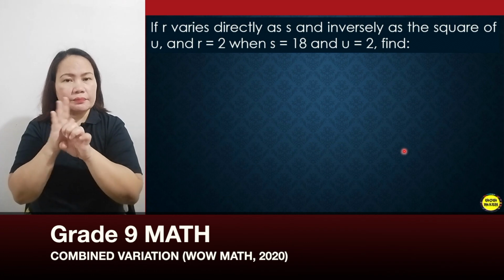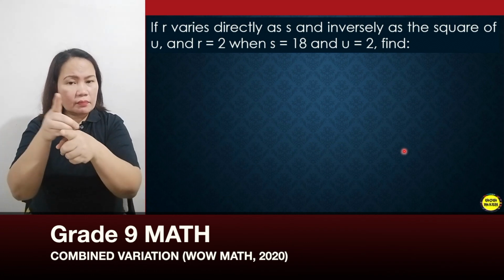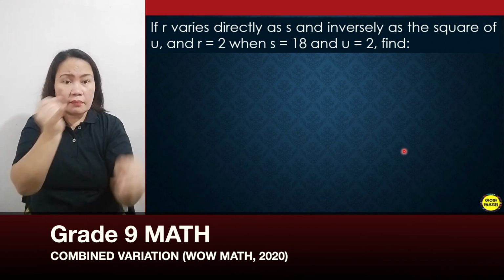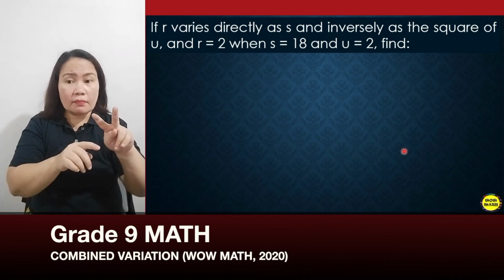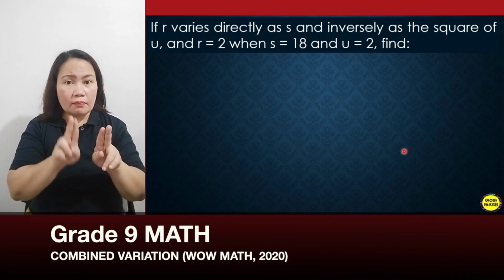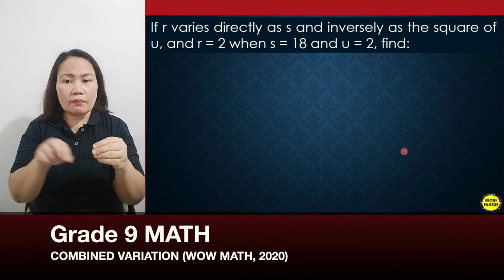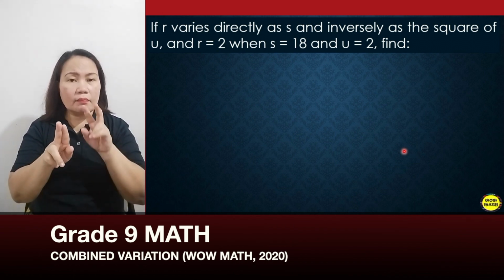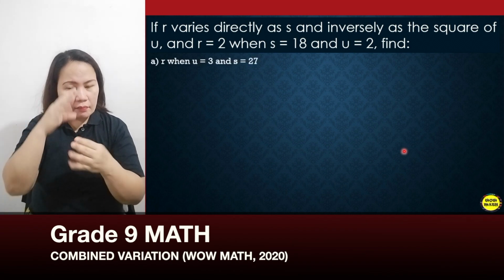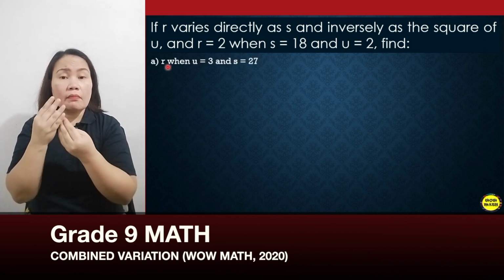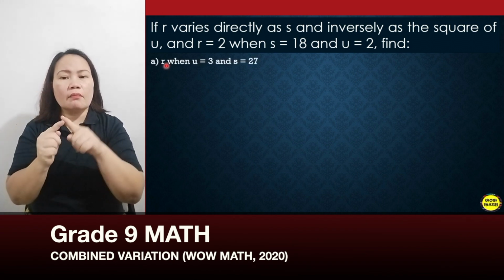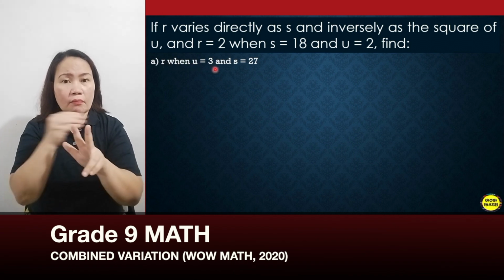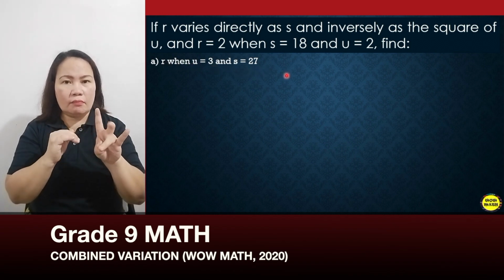Okay, another example. If r varies directly as s and inversely as the square of u, and r equals 2 when s equals 18 and u equals 2, find the following. So, first, solve for r. So, ano magiging value ng r when u equals 3 and s equals 27?